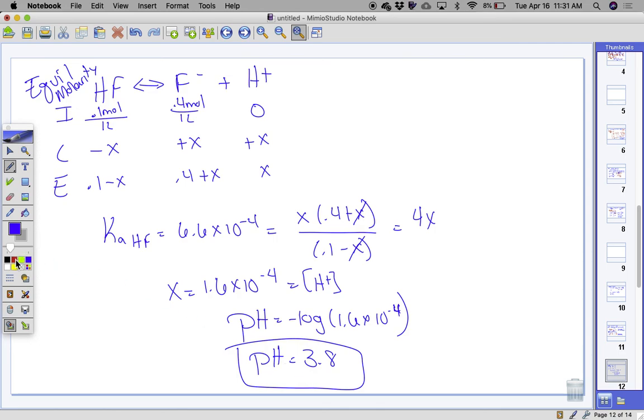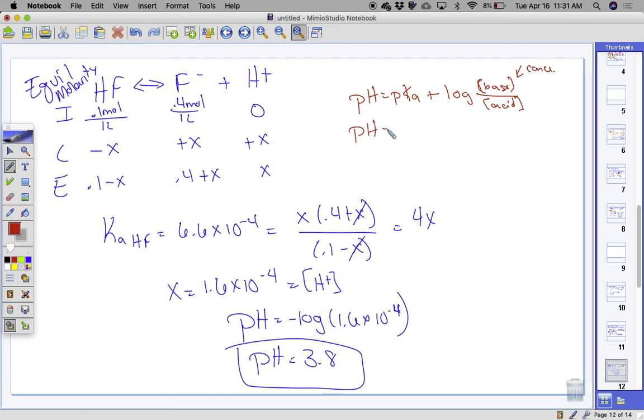Sorry. All right, so here, instead of doing this ice table, you could have, at that point, used the Henderson-Hasselbalch, right? Just remember these are concentrations, not moles.